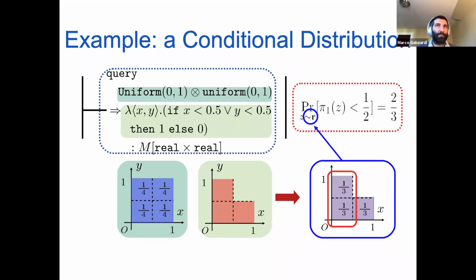First, our program now has this shape: a query of a product distribution that is built out of two uniform distributions. And we query it by this predicate, lambda xy, if x less than 0.5 and y less than 0.5, then 1, else 0. You can think about this as an indicator function or as a filter.